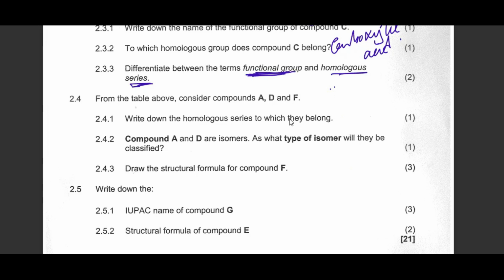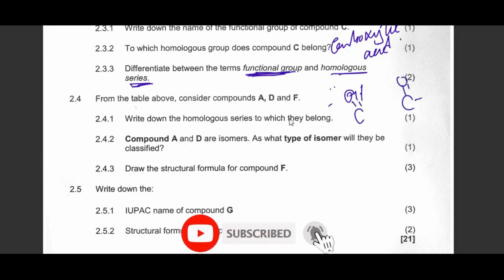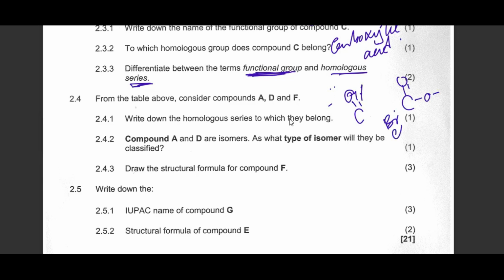For example, OH, or for ester, carboxylic acid, these are groups of atoms. What about bromine, chlorine? Just one atom. That's why it is said that a functional group is a bond or an atom or a group of atoms.